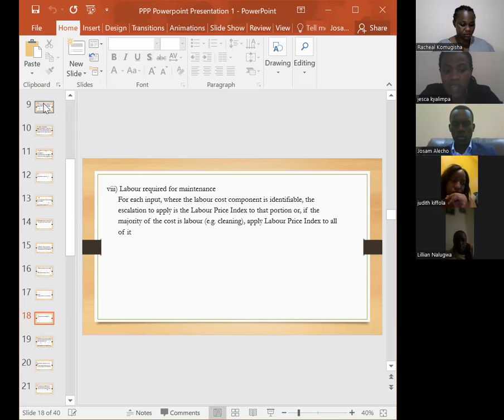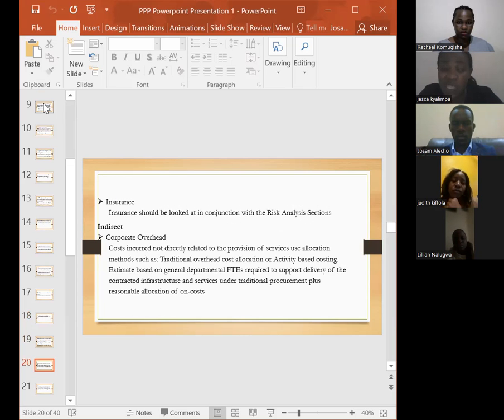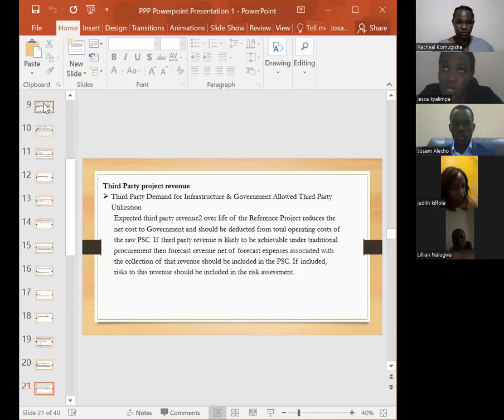And the other is the expected third-party revenue over the life of the reference project. It should be deducted from the total operating cost of the raw PSC, because if it is included in there, it would reduce the cost of the PSC. It wouldn't give the correct estimate. And the other element that should be considered is residual value.